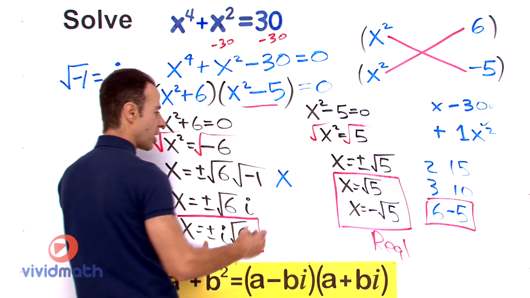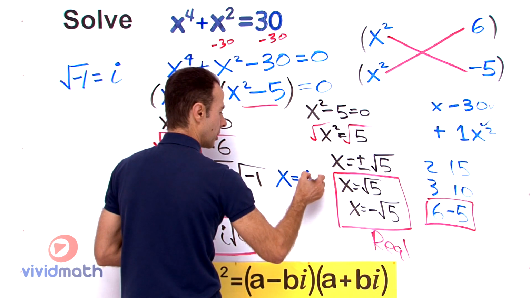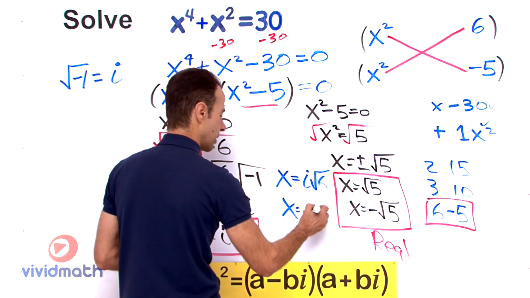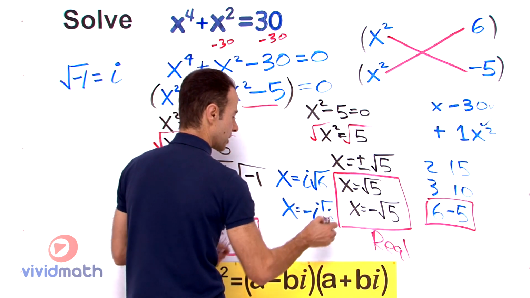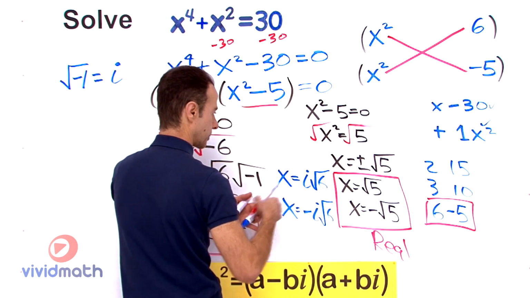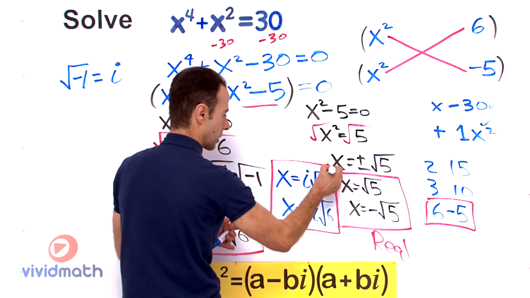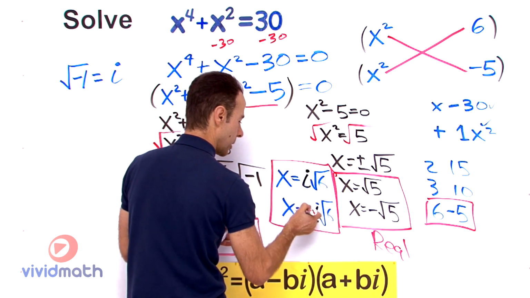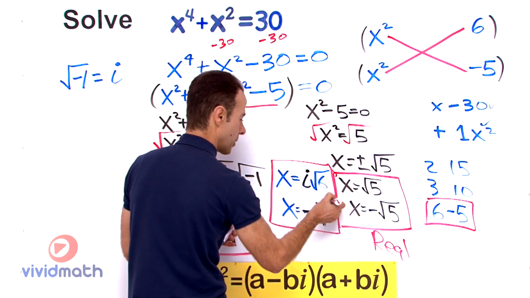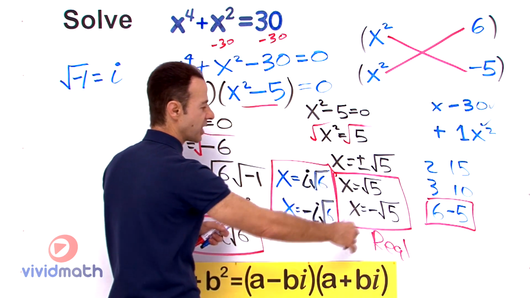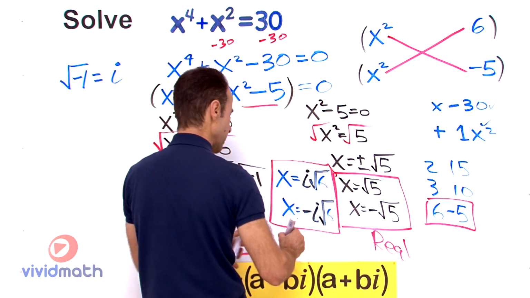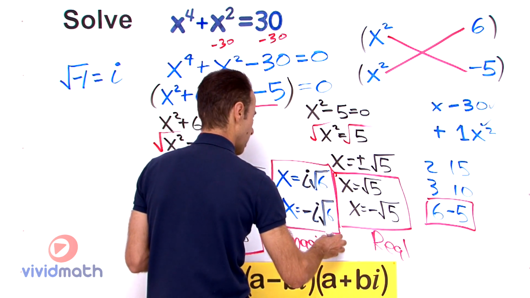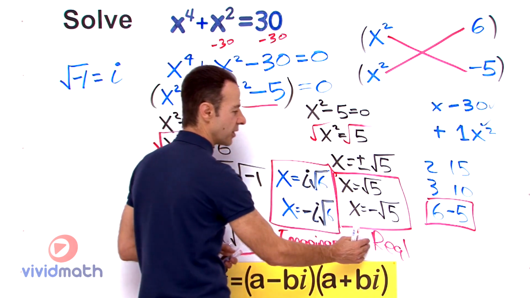X equals positive i root 6, and x equals negative i root 6. So there's our solutions. On this side, they're imaginary. The two solutions are imaginary. And over here, they're real.